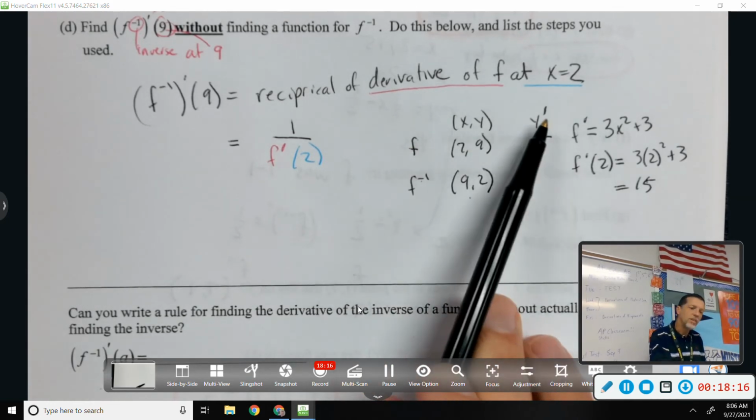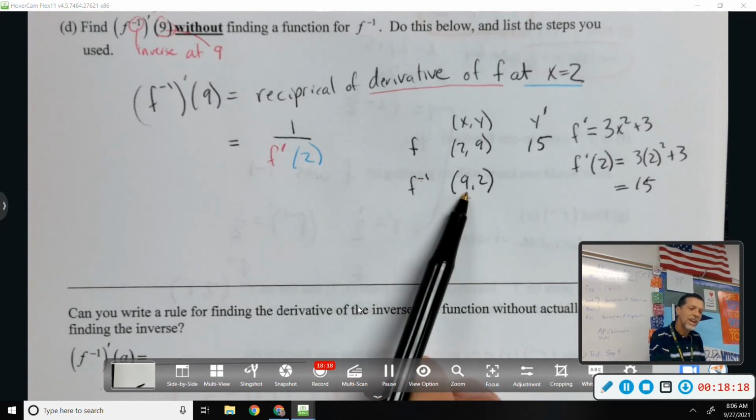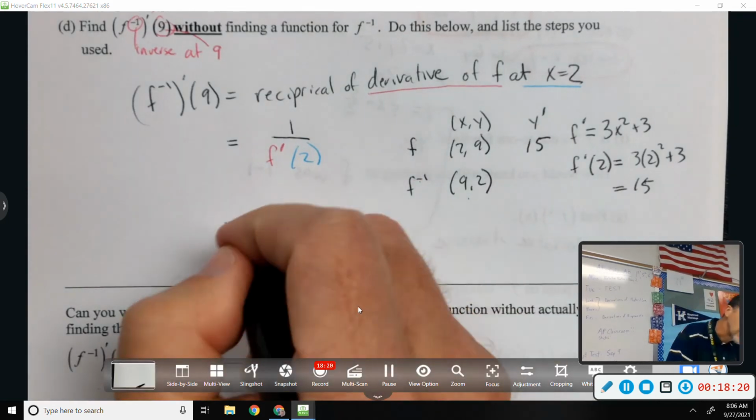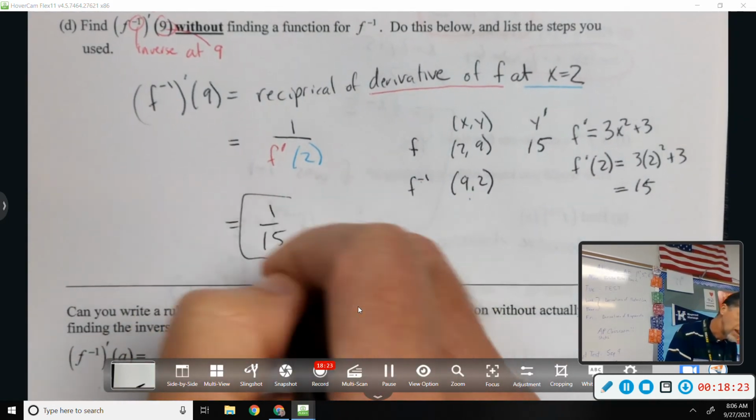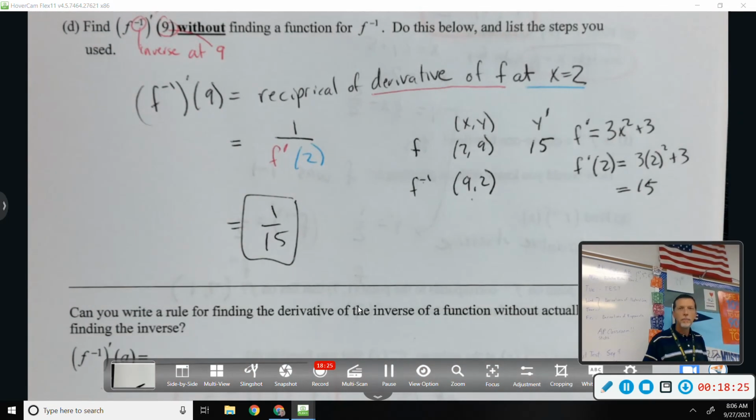So what is the derivative of the inverse at 9? 1/15. So find the derivative at the original, flip it over, but then make sure you're using the right corresponding point.